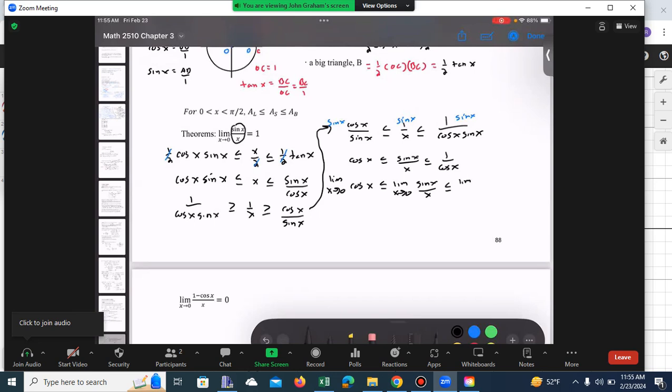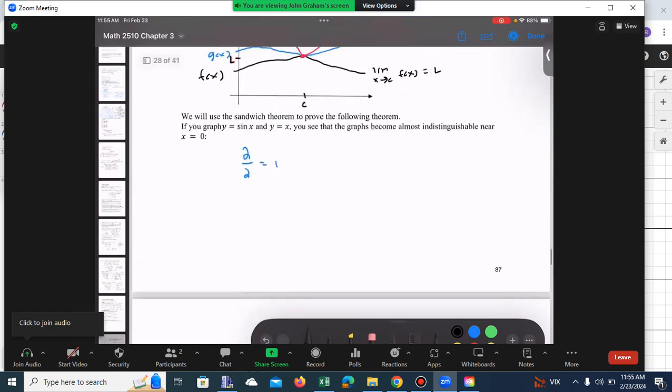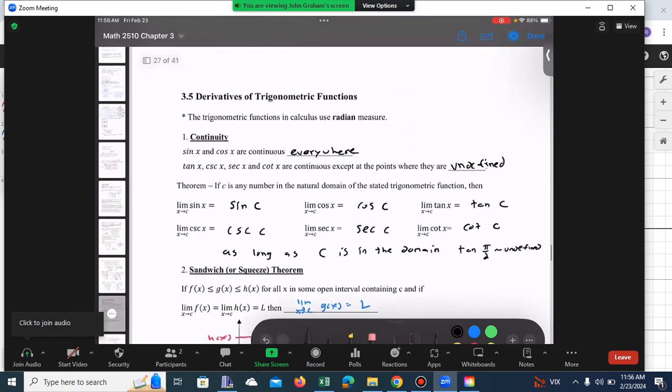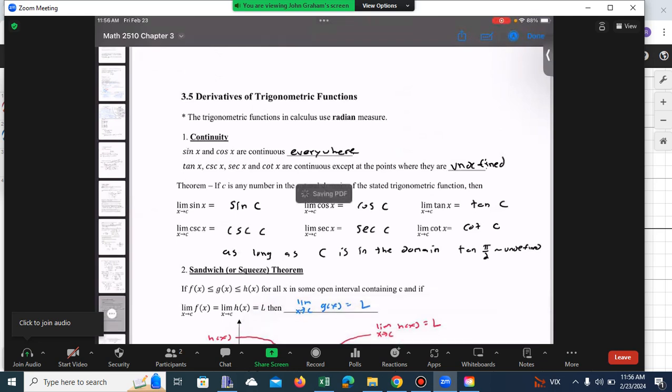We'll take the limit of each side. So this comes back to the continuous functions. The fact that sine and cosine are continuous everywhere means that you just plug in the value for that x to find the limit.